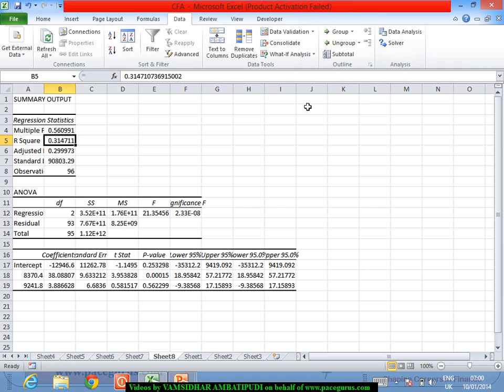So here the chi-squared value is n, which is the total number of records, 96, times r squared. What is r squared? This one.